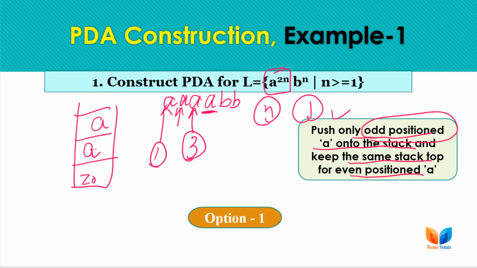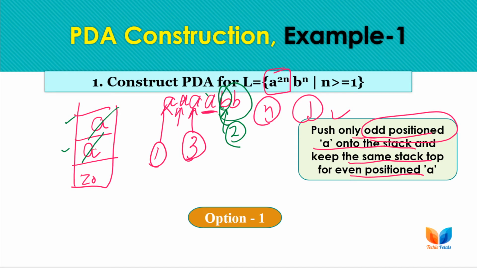As the next input symbol is B, we have now come across the second part of the string where we start receiving B's. If you check carefully, we have an equal number of A's on the stack. As we have 2 B's, and we have already pushed only half of the A's onto the stack, we can easily cancel out all the B's against the stack top.